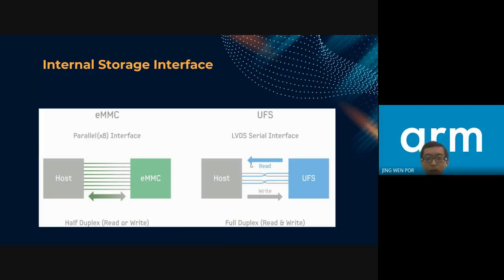This standard is more commonly used in smartphones, tablets, and also laptops due to its cheaper cost and small size. While the UFS, which is Universal Flash Storage, is a flash storage standard published by JEDEC, which offers a significantly higher bandwidth compared to the eMMC standard, while using the same amount of power.